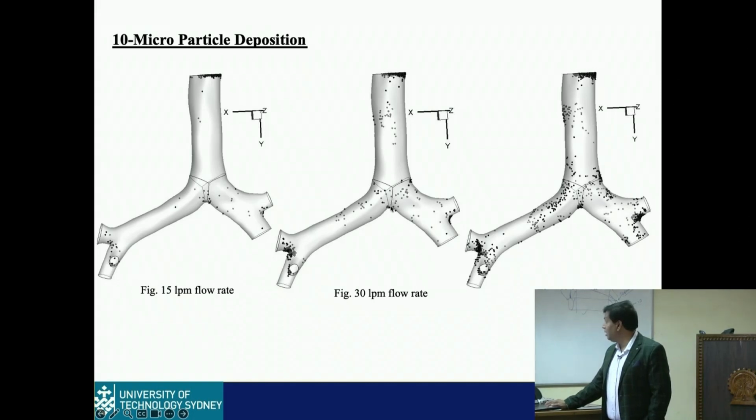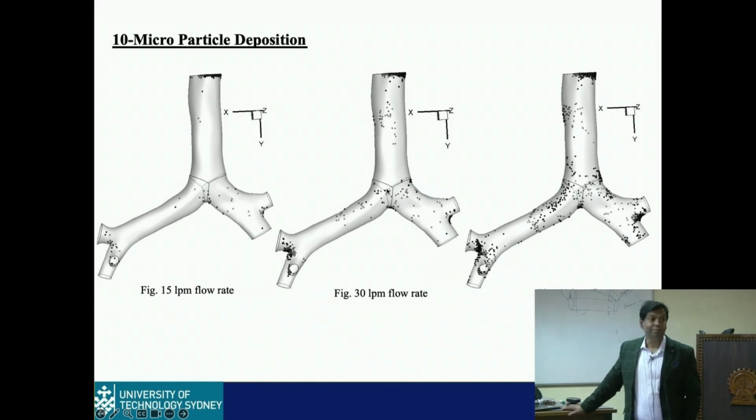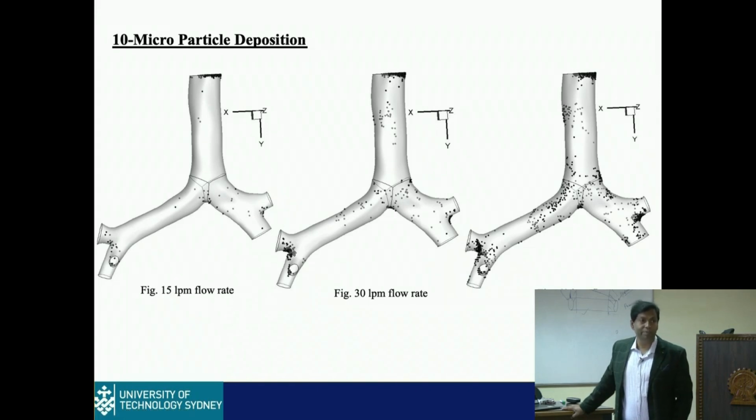Another thing is that the mucociliary clearance time here is very, very slow, because particles come from this way and that way and then slowly move from here to there. If the particle stays there for more than 7 hours, it will be deposited inside the epithelial tissue if it is toxic.